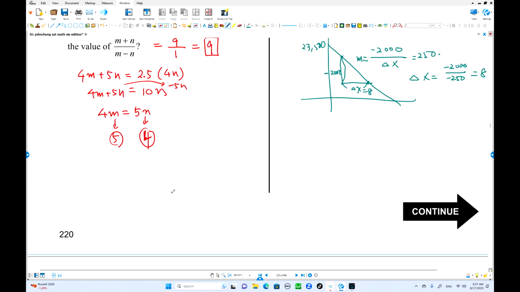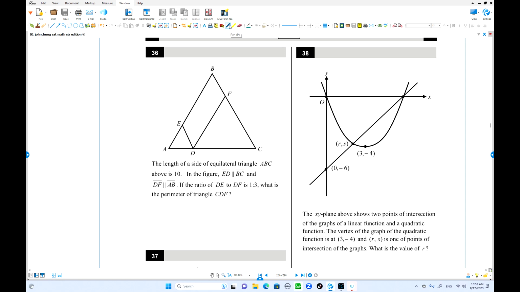Number 36. The length of a side of equilateral triangle ABC is 10. All sides are 10. They are parallel. So triangle AED and triangle DCF are also equilateral triangles. The ratio of DEF is 1 to 3. This is 1 to 3, so this is also 1 to 3.